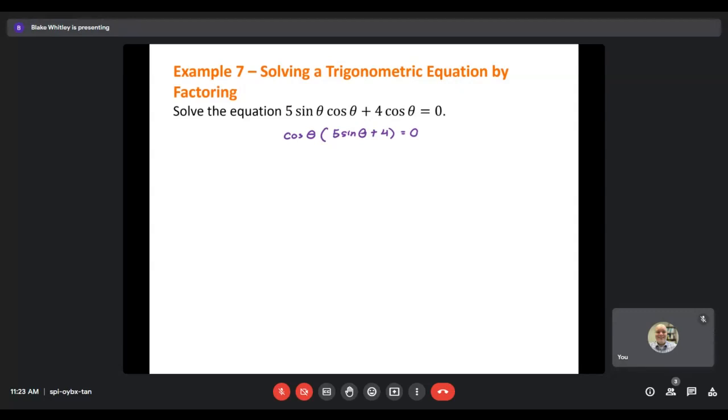Now that it's factored, just like before, we can set each factor equal to 0. So we're going to have cosine theta equals 0, and 5 sine theta plus 4 equals 0.